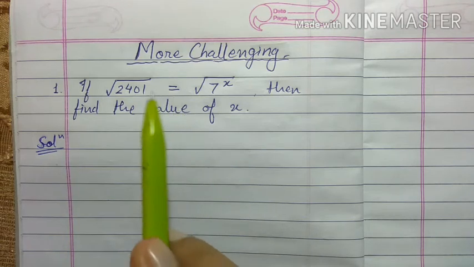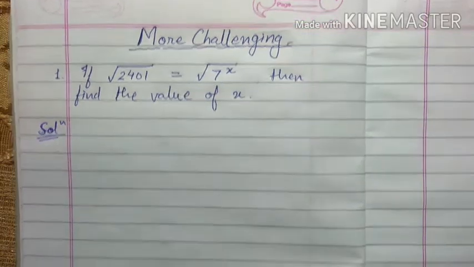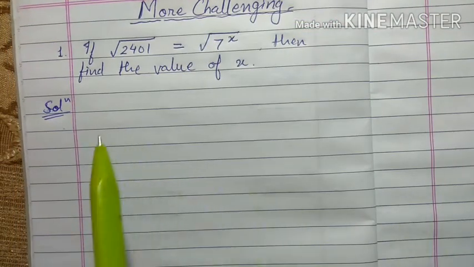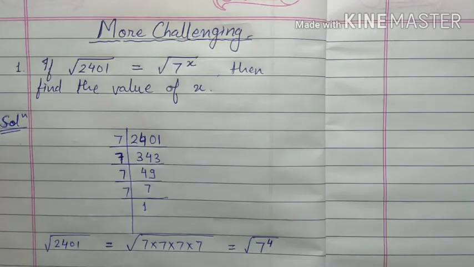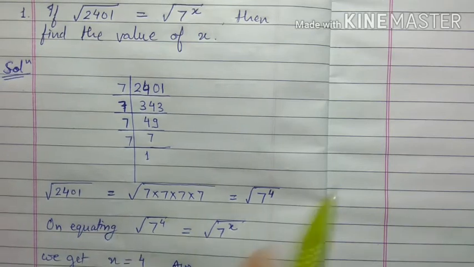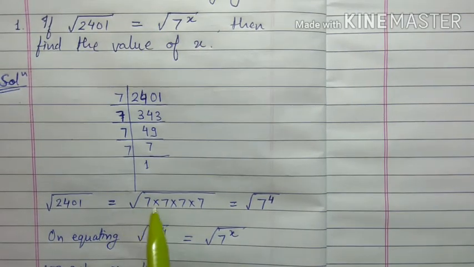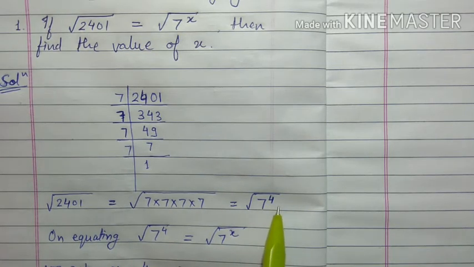For that, first of all, we have to prime factorize 2401. So let's check what is the prime factorization of 2401. So this is the prime factorization of 2401. So we write square root of 2401 is equal to under root 7 into 7 into 7 into 7, which will be equal to 7 to the power 4.